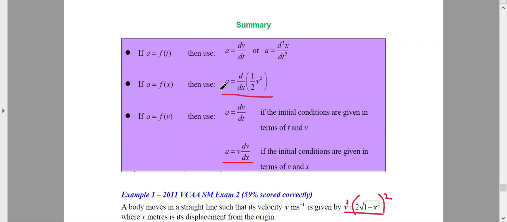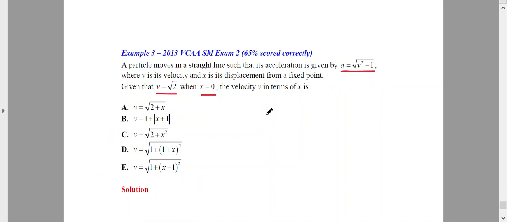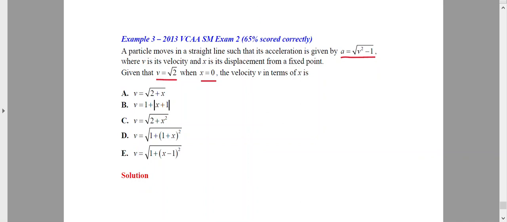Or I believe it's possible to use this one as well. But either one will actually work. So it will be up to you which version of the formula you would prefer to use. But I'll go by what the summary says.